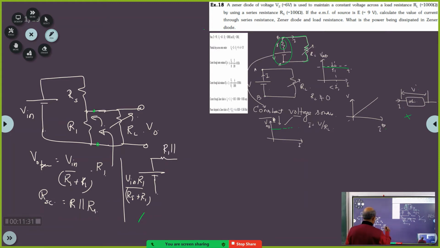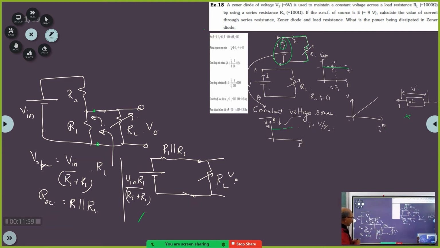Then you are going to connect the resistance RL here. Now, if you vary this, clearly we can see that the voltage across this will depend upon the value of RL, and it will vary as RL varies, and there will be a great variation in the output. Clear? Hello?